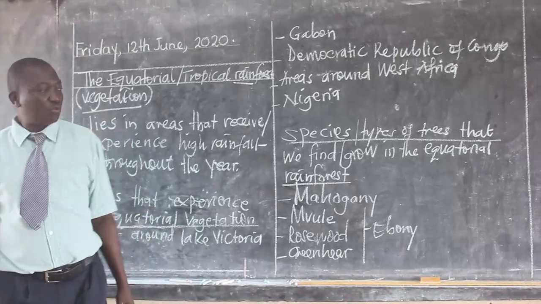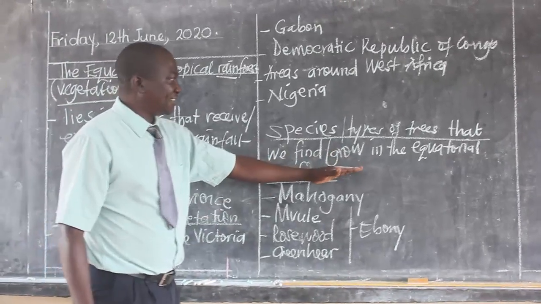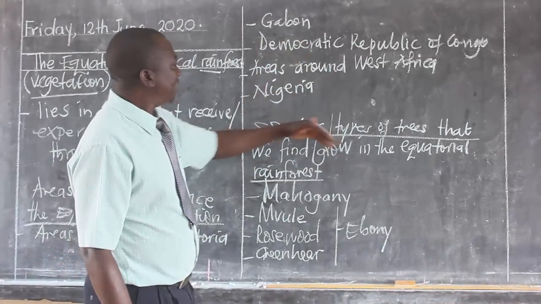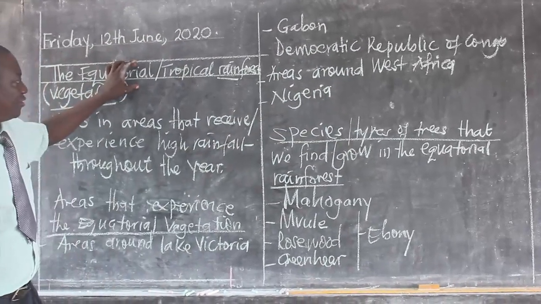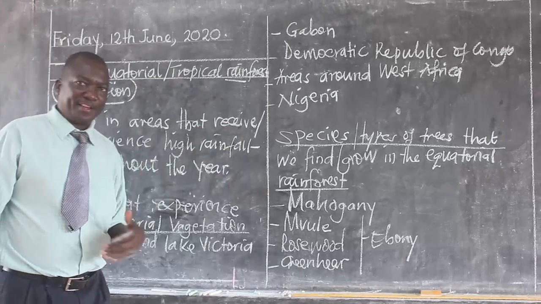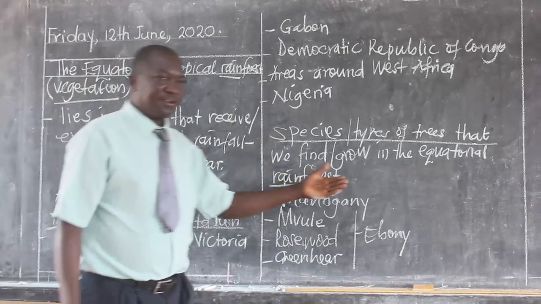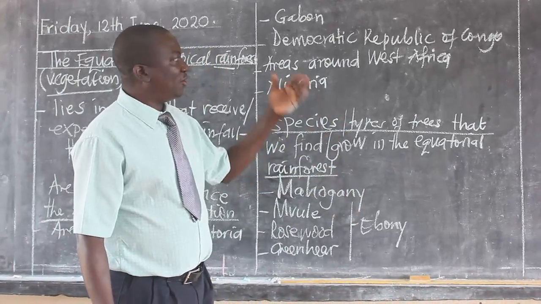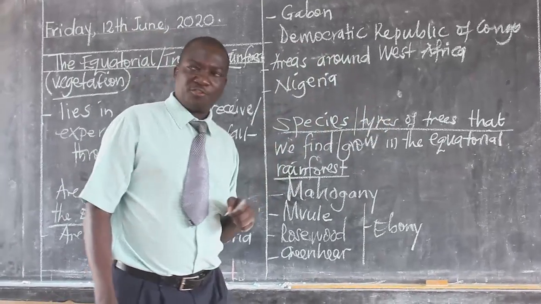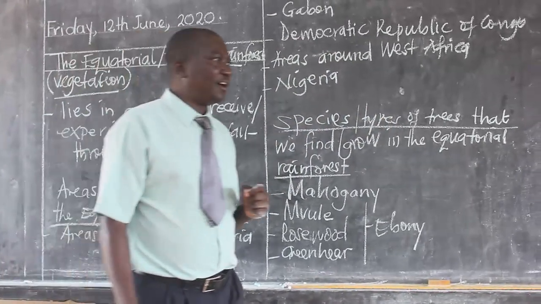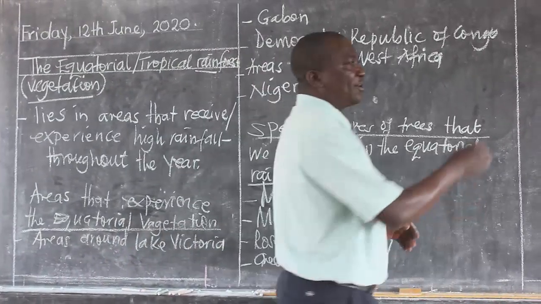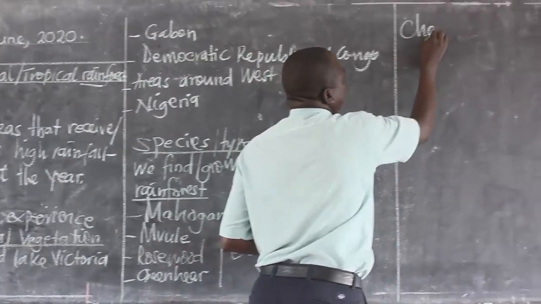Then we have also to look at what makes this type of vegetation different from the rest of the other types or the zones of vegetation that we have in Africa. And that's what we term as the characteristics.